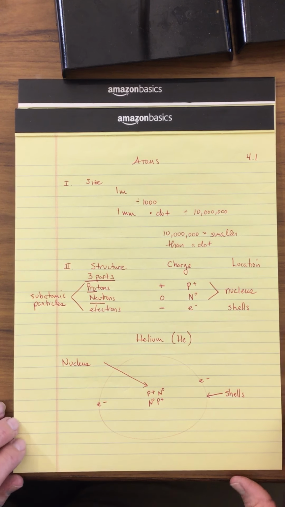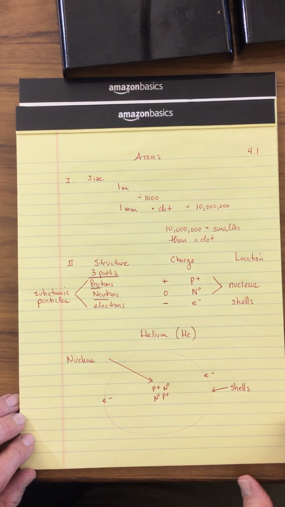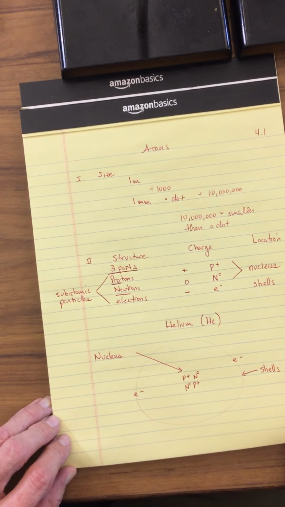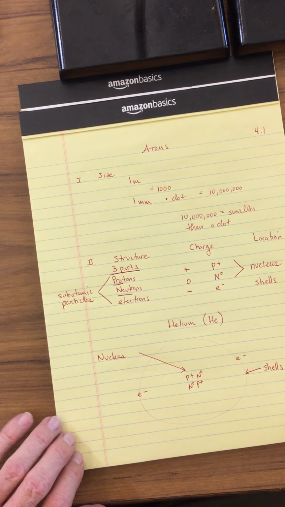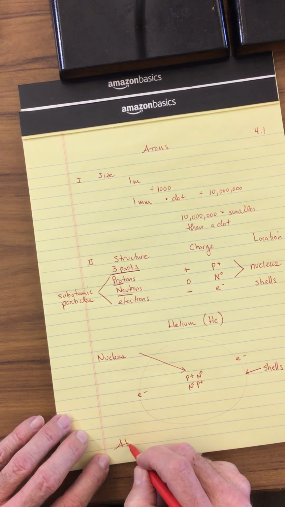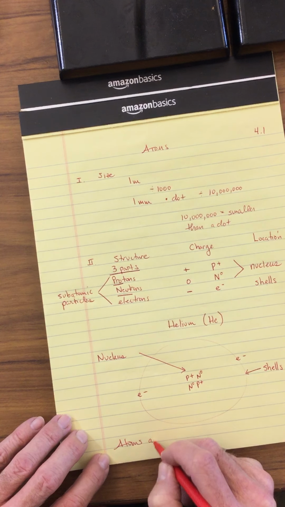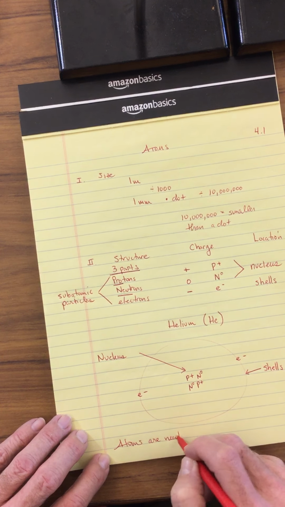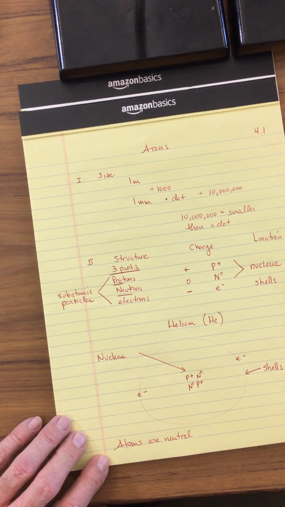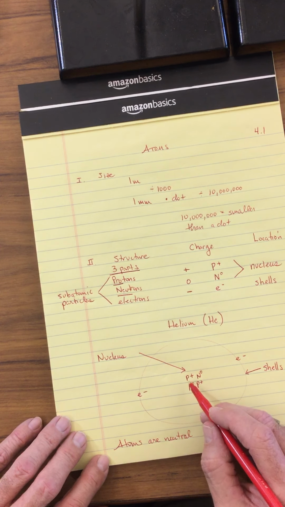And I mentioned earlier that an atom must be neutral. That's the definition of an atom. So atoms are neutral. What must they have in order to be neutral? Well, take a look at the charges.